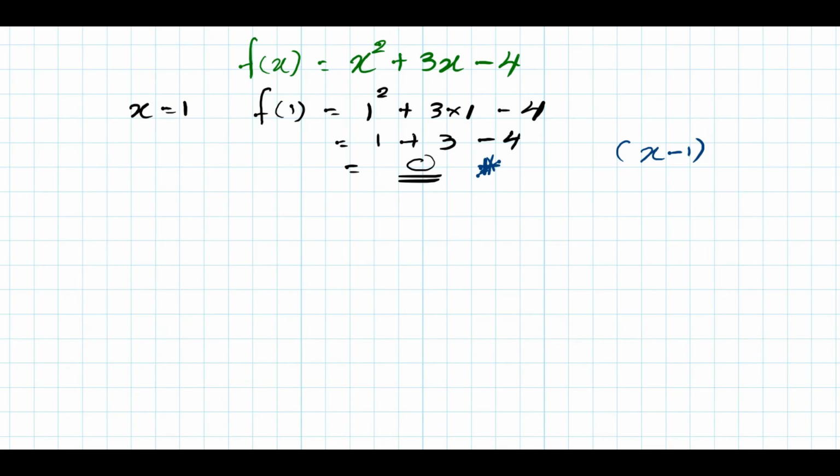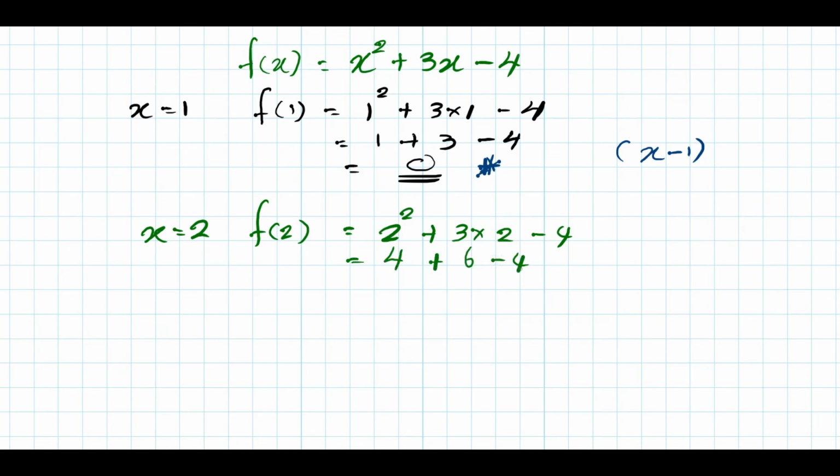Let's substitute another value. I am going to substitute x equals 2. Let me check. That can be represented as f(2). f(2) will be 2 squared plus 3 into 2 minus 4. Here we will get 4 plus 6 minus 4.